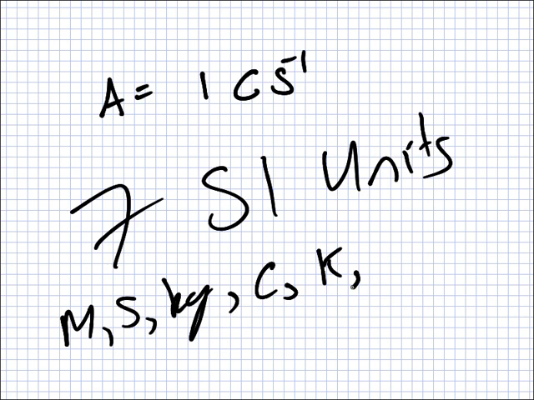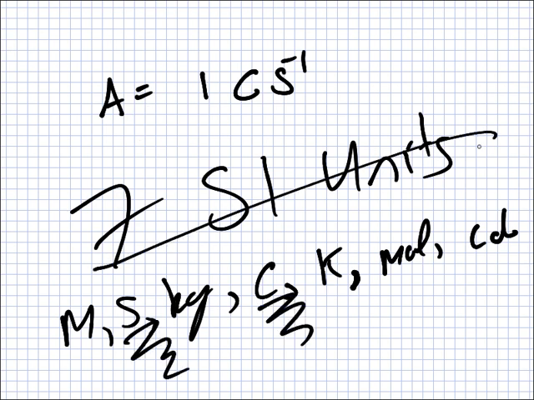Current. No. Mole. Oh yeah, sorry, mole and candela. So 1 amp is 1 coulomb per 1 second using the SI units. So easy. I know, right?